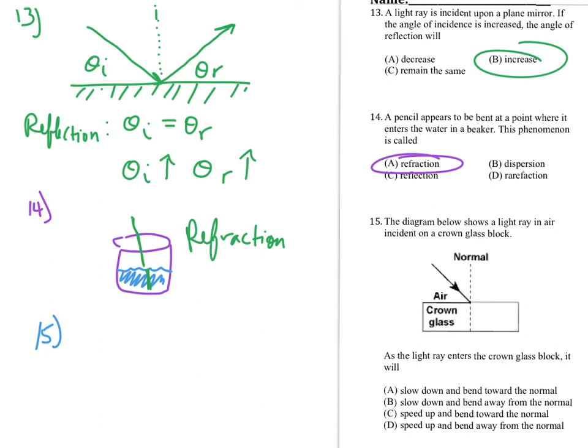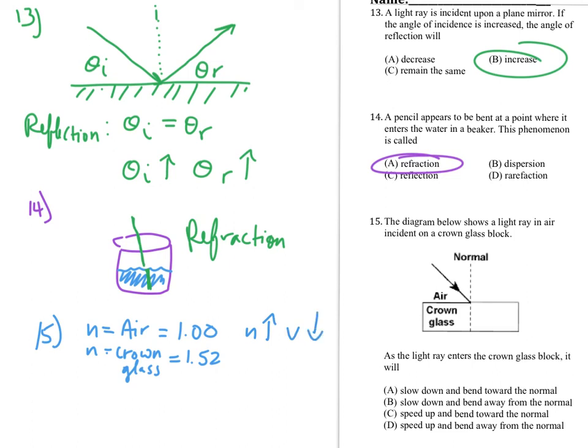The diagram below shows a light ray in air incident on a crown glass block. As the light ray enters the crown glass block, it will what? From air to crown glass. The N value of air is equal to 1.00, while the N of crown glass is 1.52, I believe. And what have I taught you guys? If N goes up, the speed of light in a different medium will go down.